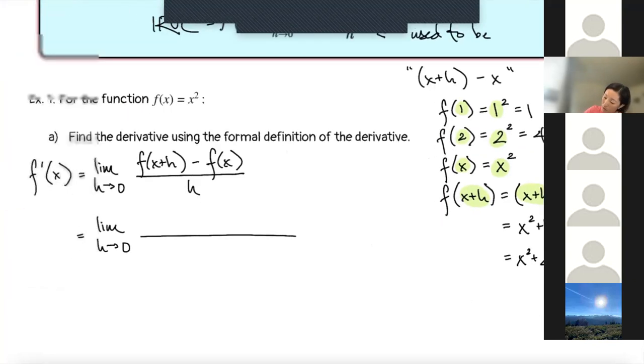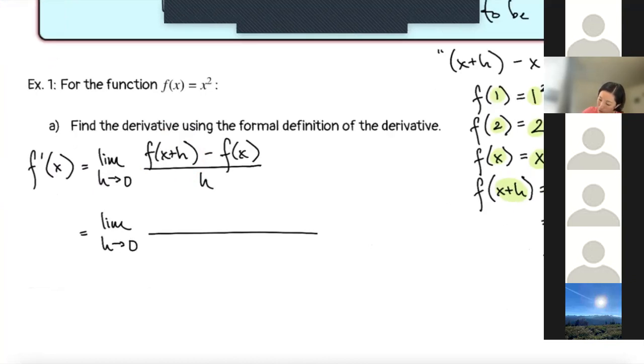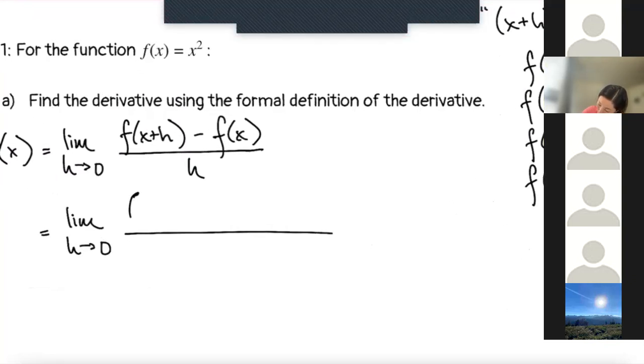And so what we're going to do right here is we're going to be really organized about our work. Everywhere we see f of x plus h, I want to see us write x plus h squared. Okay. And everywhere we see f of x, we're just going to put x squared. So my numerator becomes x plus h squared minus x squared.